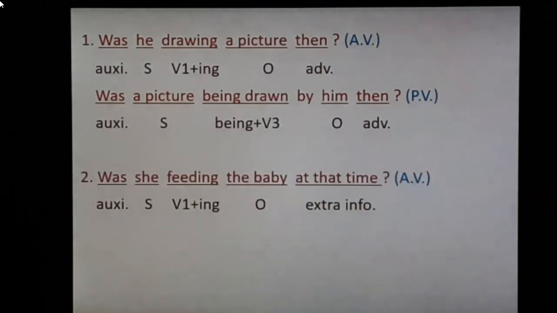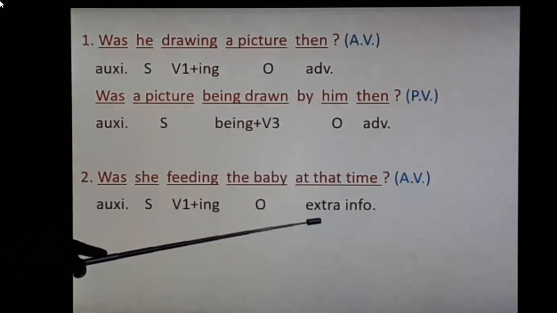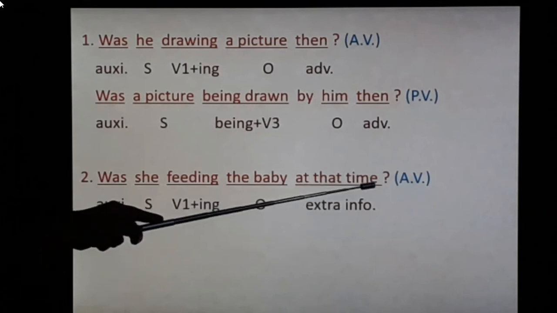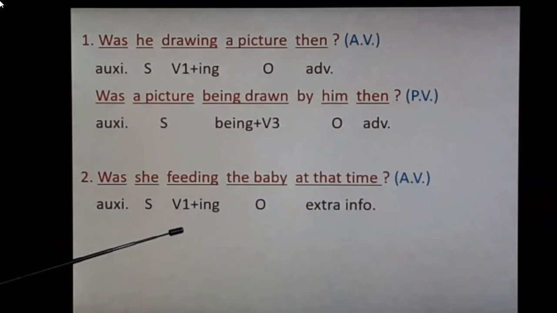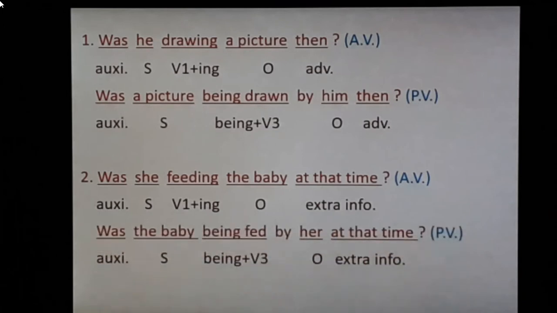Next, was she feeding the baby at that time? So was, auxiliary verb, she, subject, feed V1 form plus ing. So feeding the baby, that is an object, and at that time is extra information, then a question mark is given. This is active voice. By is not given and the V3 form is also not given. Let's turn to passive.